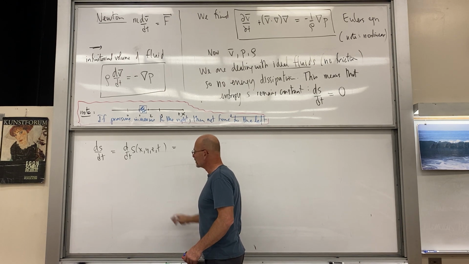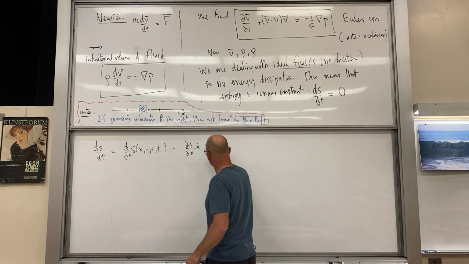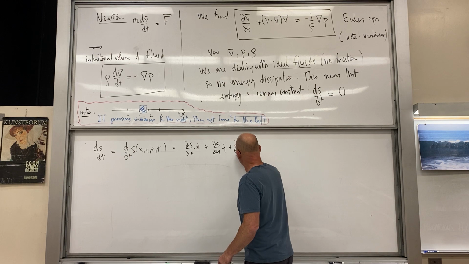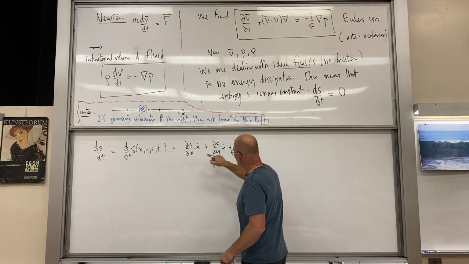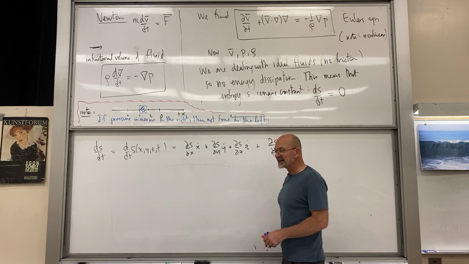Let's do it. So dS/dx x dot, in short form, dS/dy y dot, dS/dz z dot, kind of thing we've done before, plus partial S with respect to time.